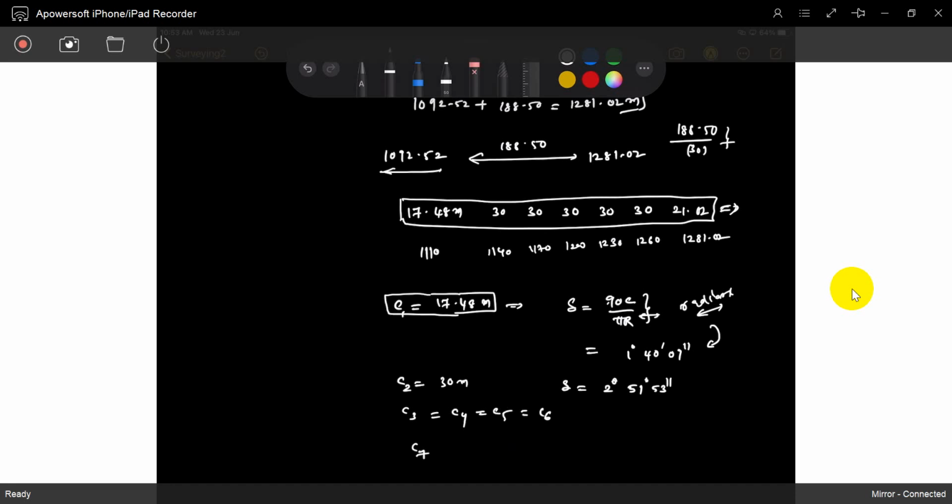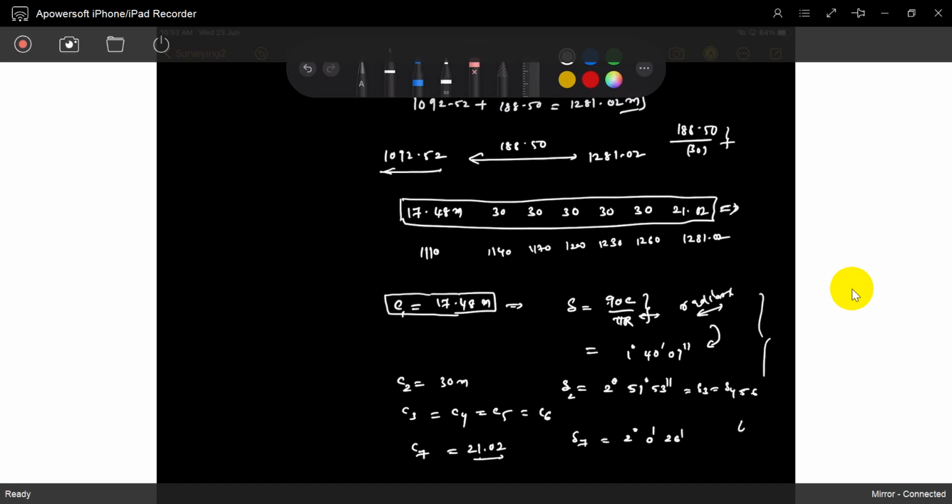What is C7? Delta 2 to delta 3, 4, 5, 6 are equal. C7 is again 21.0, and delta 7 is 2 degrees 0 minutes 26 seconds. That's it.